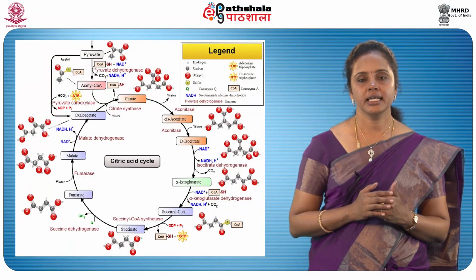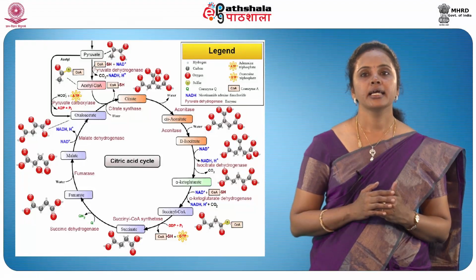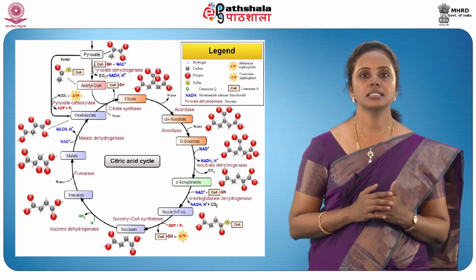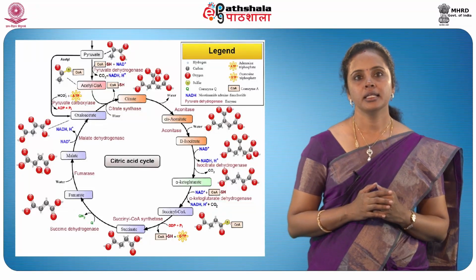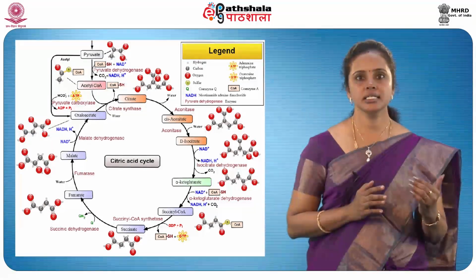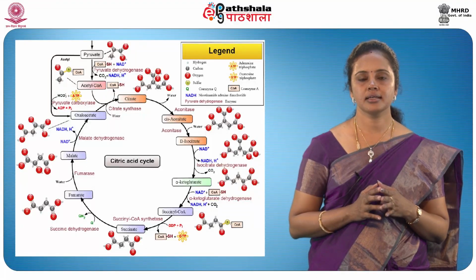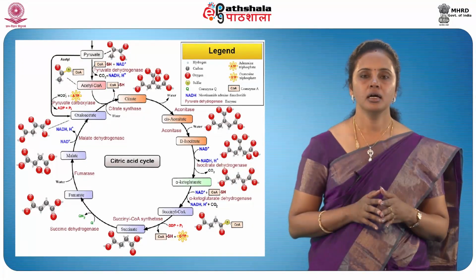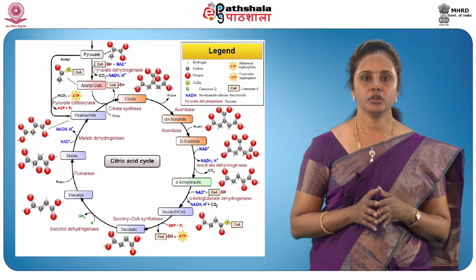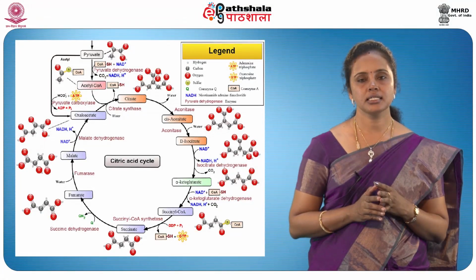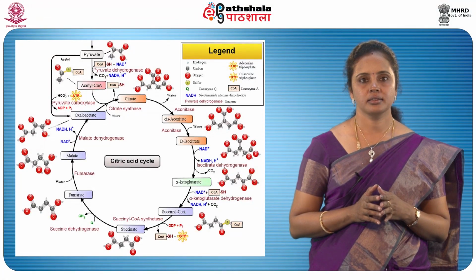Alpha ketoglutarate dehydrogenase enzyme catalyzes this reaction to form a compound called succinyl-CoA. Then, the enzyme succinyl-CoA synthetase catalyzes the fifth reaction of the citric acid cycle. Here, a molecule of guanosine triphosphate, that is GTP, is synthesized. As a result, you get succinate.